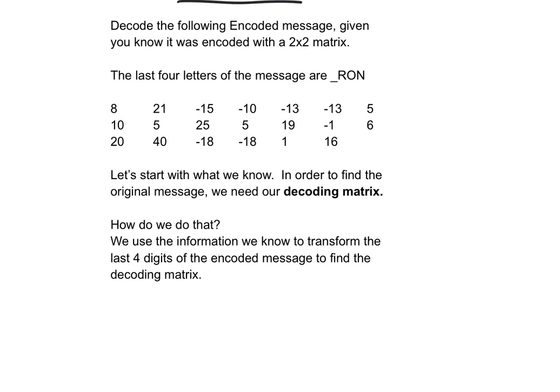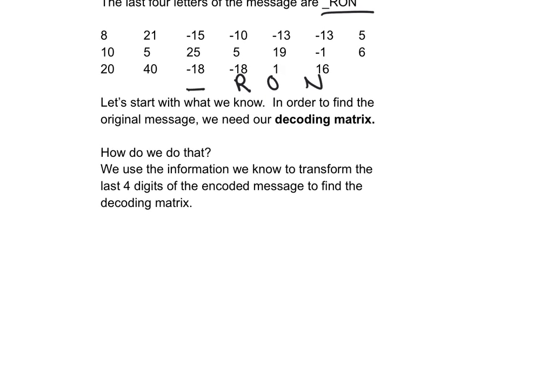However, the only thing you do know is that the last four letters of the message are space RON. So you know that this is space RON. Okay, so let's start with what we know. In order to find the original matrix, we need a decoding matrix. Well, to find that, we need to assign the information that we know into a 2 by 2 matrix.